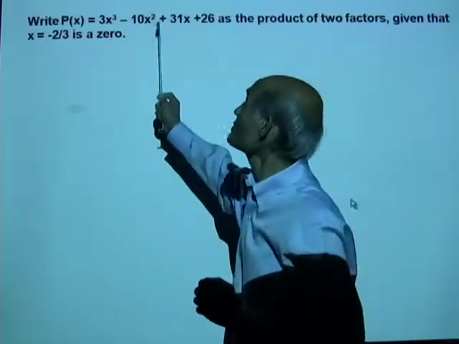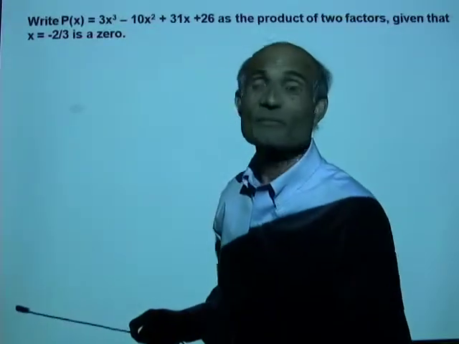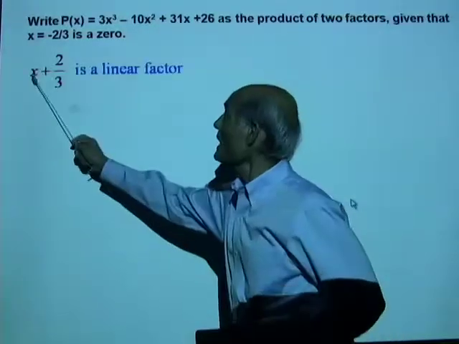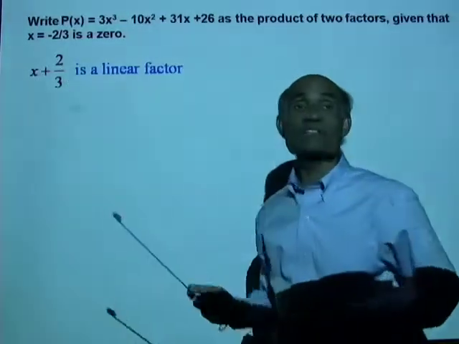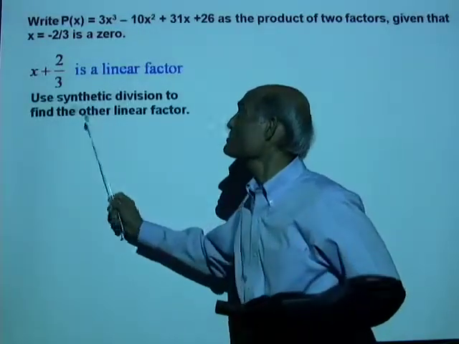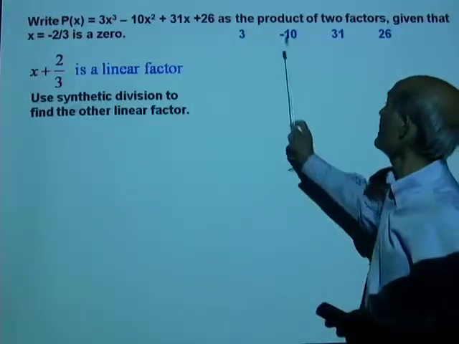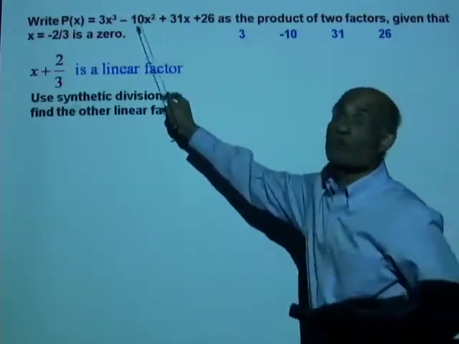Well, by doing a synthetic division using the 0, isn't it? Okay, so x plus 2/3 is a linear factor. Therefore, we use synthetic division to find the other remaining linear factor. Let's pick the coefficients.